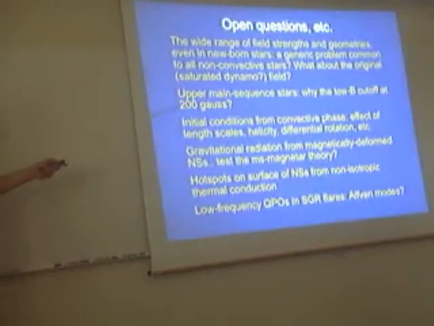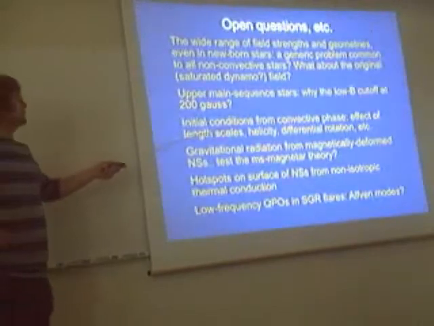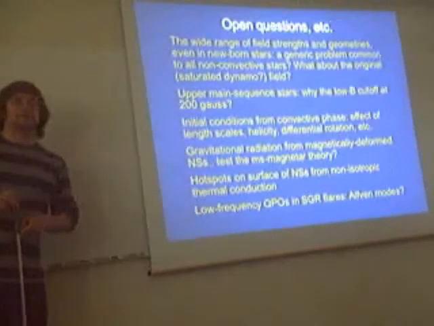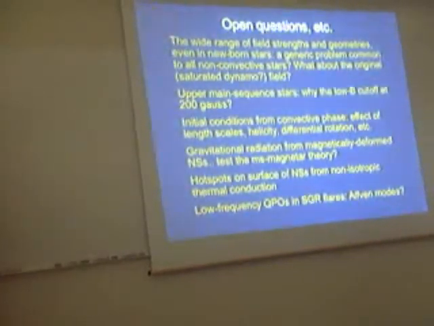Below that, you don't see anything at all between 200 Gauss down to the detection limit of a few Gauss. So some more quantitative work on exactly what the field looks like after this convective phase would be useful, such as the effect of the length scales involved and helicity and so on.